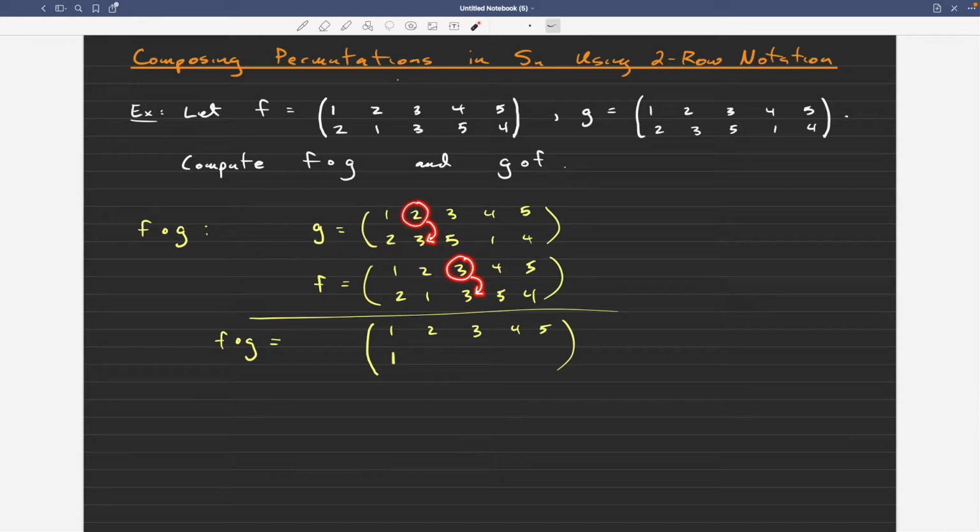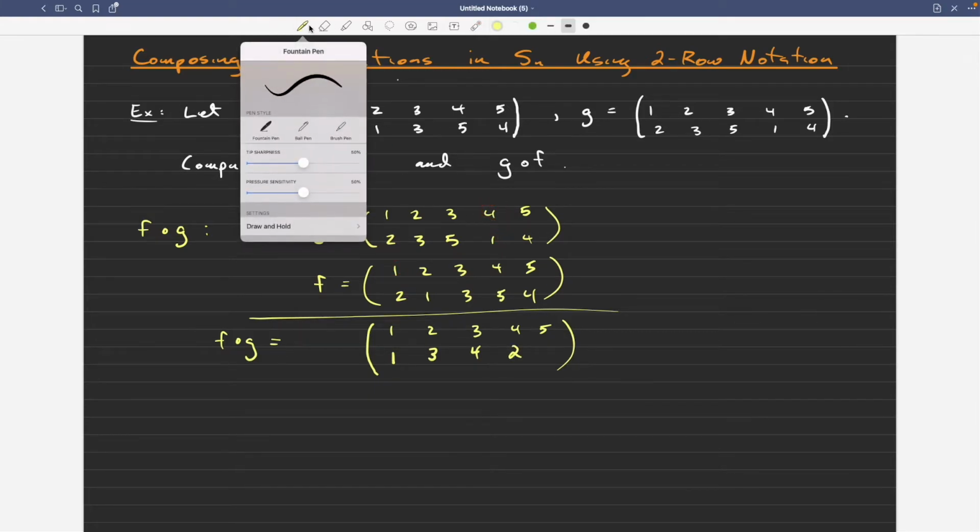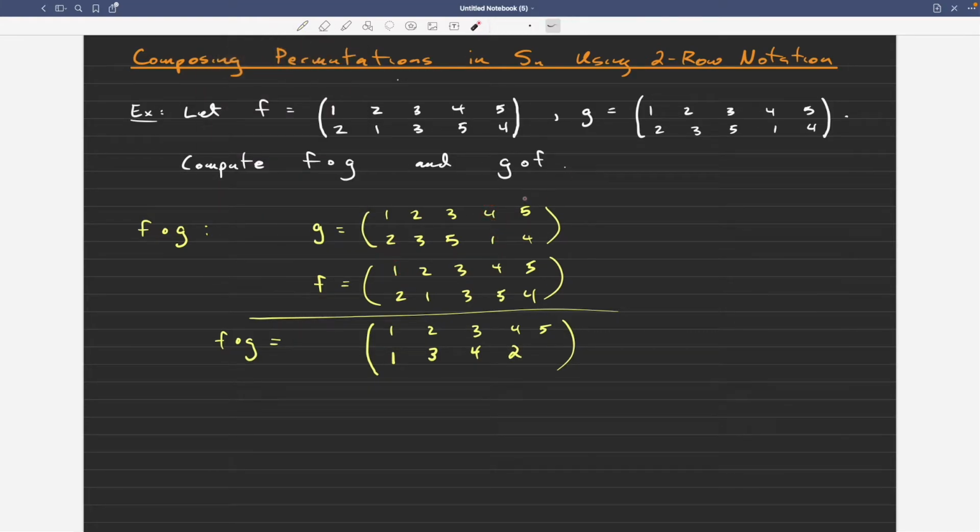So 2 goes to 3 in the composition. 3 goes to 5, and then 5 in turn goes to 4. So 3 goes to 4. 4 goes to 1 in g, and then 1 in turn goes to 2 in f. So 4 goes to 2. I can guess where 5 has to go now, but let's just track it. 5 goes to 4, and then 4 goes to 5. So 5 goes to 5 in the composition.